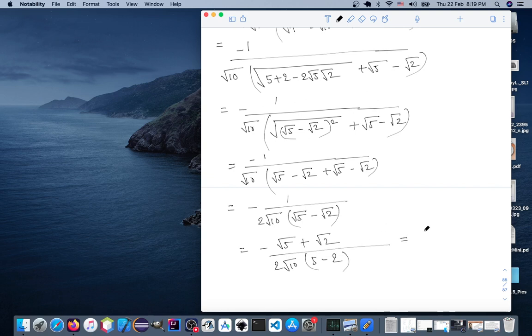This is minus root 5 plus root 2 over 3 into 6 root 10.